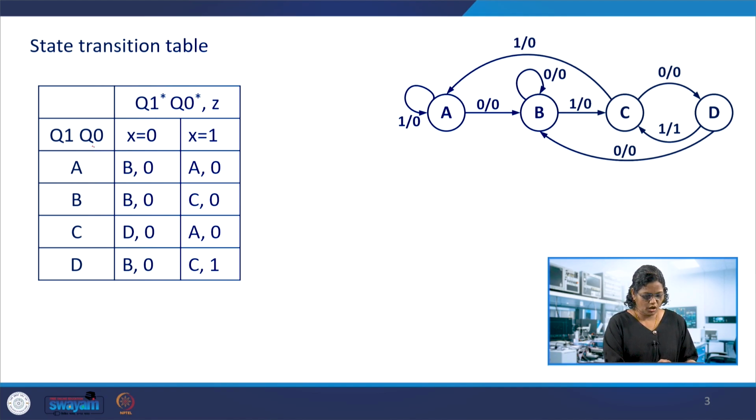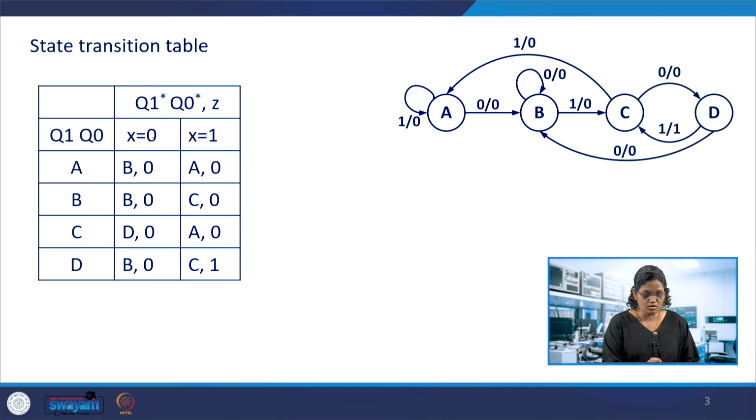So Q1 Q0, we have the 4 states, we know that here. Q0 and Q1 are the 2 bits for A, B, C, D, and then Q1* and Q0* and Z, because it is a Mealy machine which gives the next states Q1*, Q0* and the output Z. The input is the sequence arriving at the sequence detector to find the pattern.